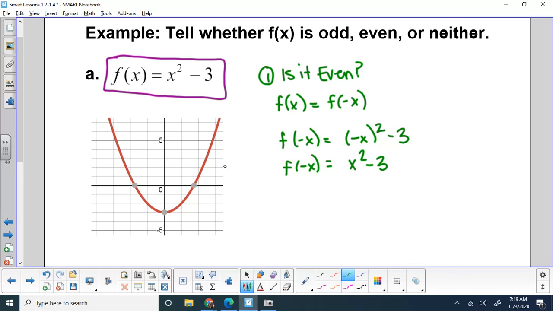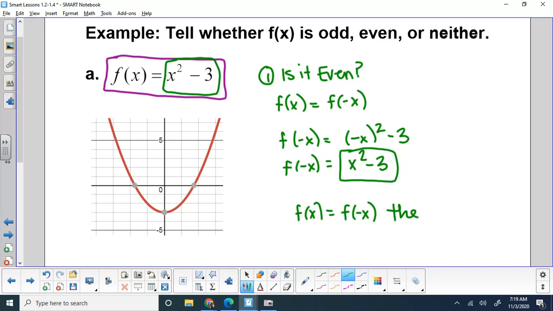Now, visually, I can see this is going to be an even function, but I've just algebraically shown that this is the same as this, the original. And when those are the same, I can say f of x was equal to f of negative x, therefore even.